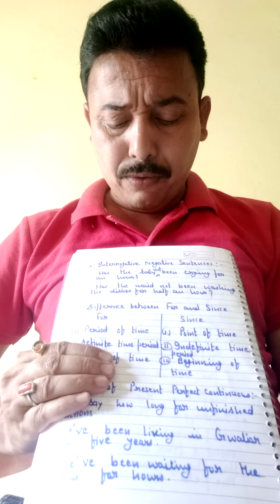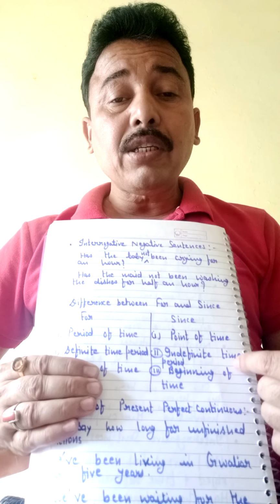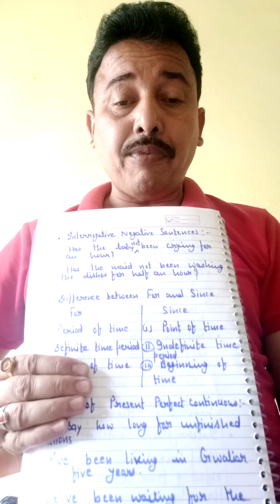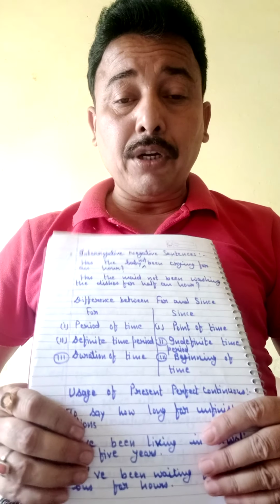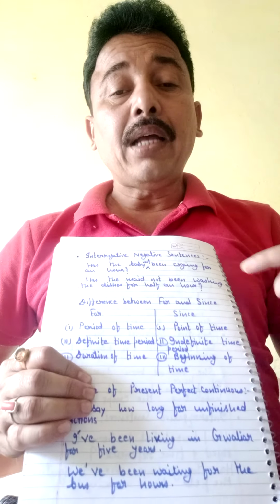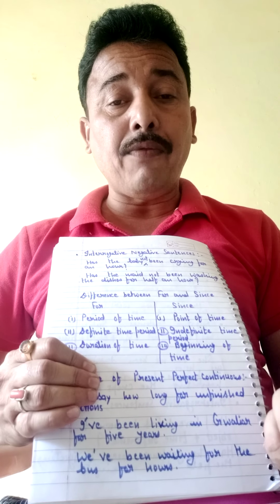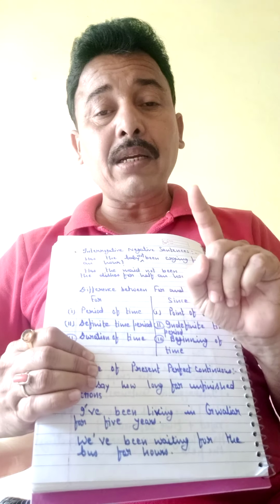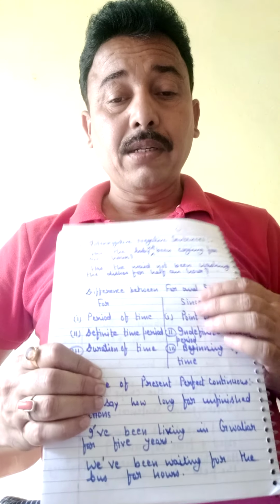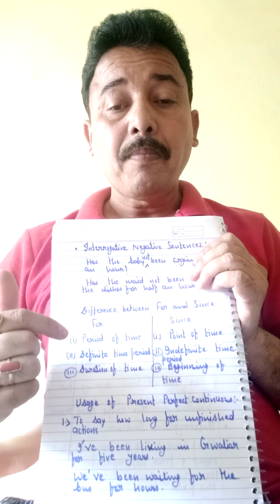For is talking about a definite time period. Since is talking about an indefinite time period. For is about the duration of time, and since is about the beginning of time. Like I have been living in Gwalior since 2000. That means the beginning is from 2000. These are the differences of for and since.